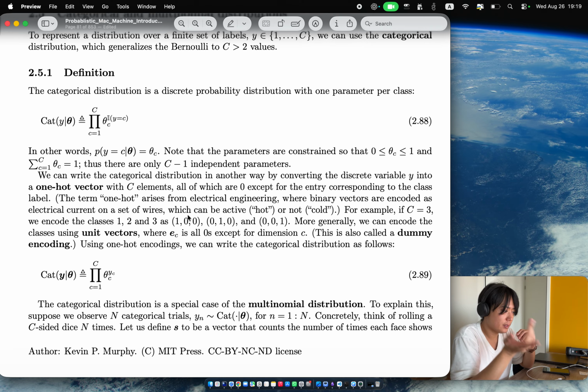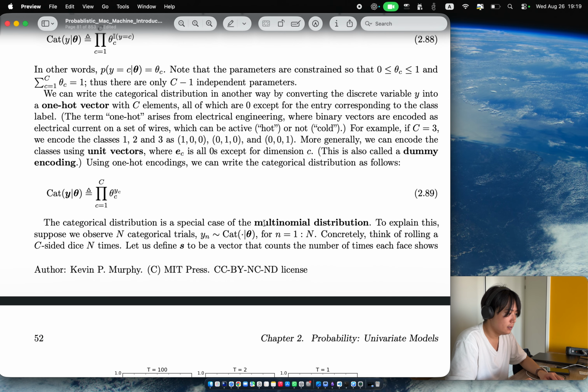When it's that category, it turns into 1, otherwise it's 0. So you can represent it as a sequence of numbers. If there are 3 categories, then of course you can represent it with 3 numbers, as simple as that. And if there are more than 2 categories, it expands to the multinomial distribution.